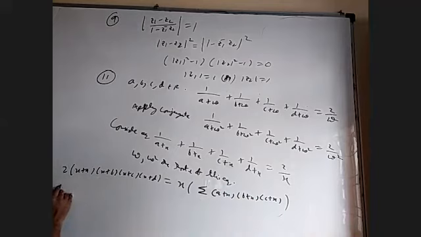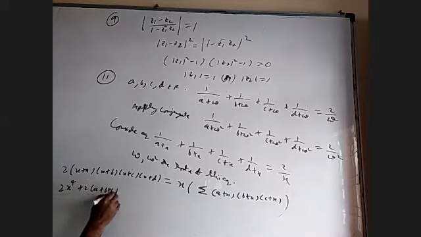When I expand this, I'm going to get 2x power 4. What about x cube coefficient? I'll get a, b, c, d: 2 times a plus b plus c plus d into x cube.